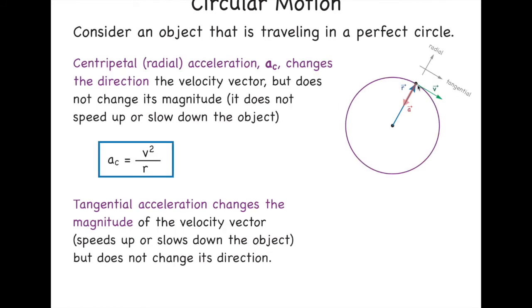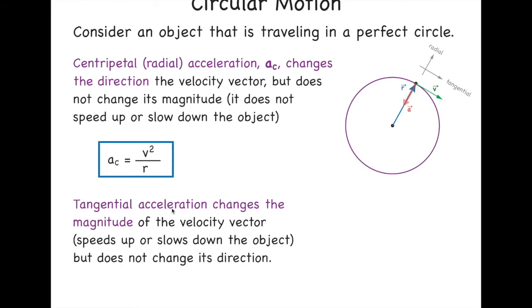Now, what would happen if we were to add a component of acceleration along the tangential direction? Well, it wouldn't be uniform circular motion anymore, because by definition, in uniform circular motion, all the acceleration is in the radial direction. But what if we take something that's currently moving with uniform circular motion and we add a small acceleration in the same direction as the instantaneous velocity, in that tangential direction?